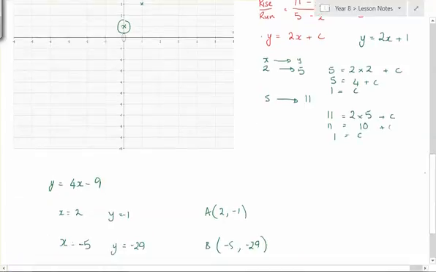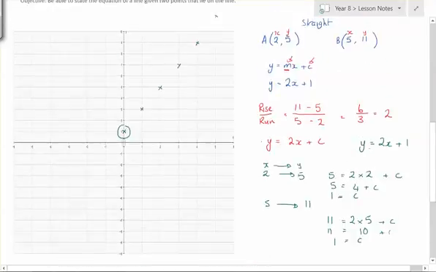The way some people remember it is to say, right, well, if I'm working on these two coordinates, this is the first coordinate I've got. This is the second coordinate I've got. So what I then have is x1, y1, and this is x2, y2.